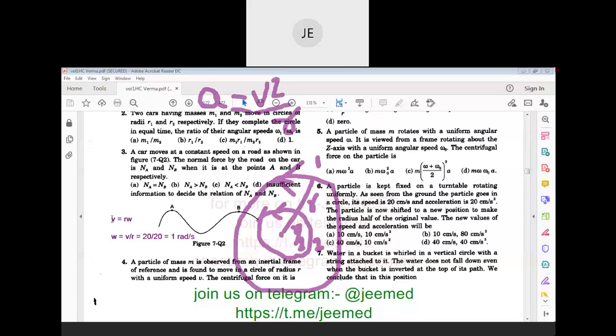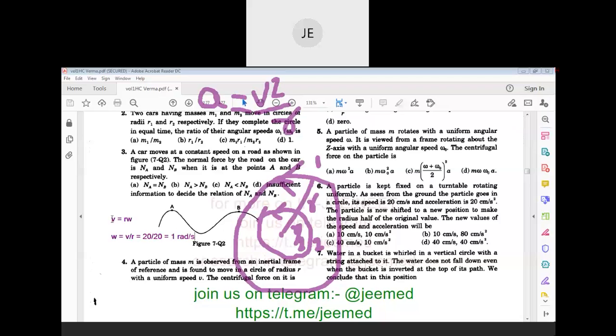What is the answer for speed? Sir, v is equal to 10, no? Yes, correct. Sir, 10 centimeter per second or 10 radian per second? No, no, no. See, that is very important. v is a linear speed, so centimeter per second it should be.